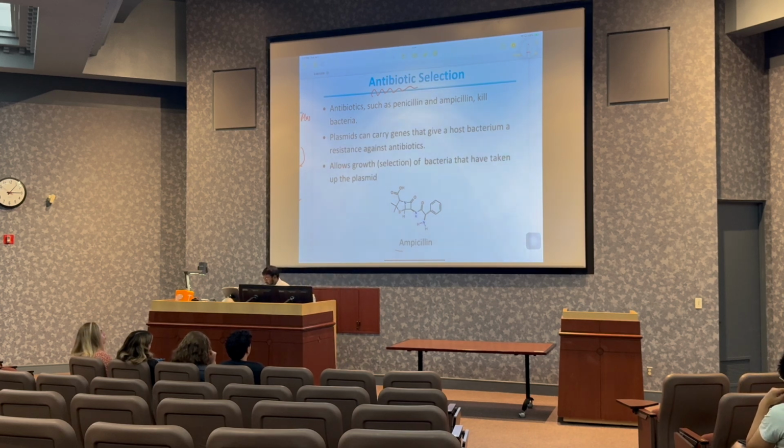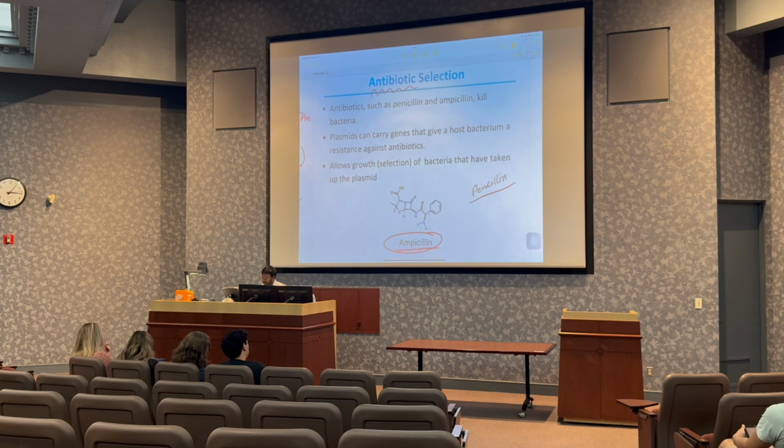As discussed, antibiotics could be different. The most famous antibiotic is penicillin, which was discovered by accident, serendipity.